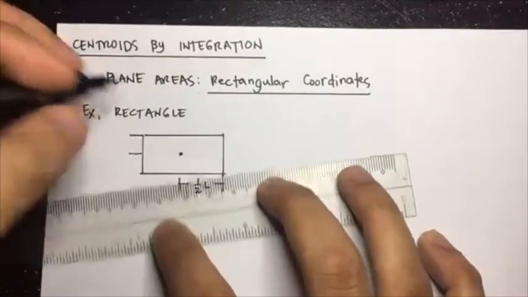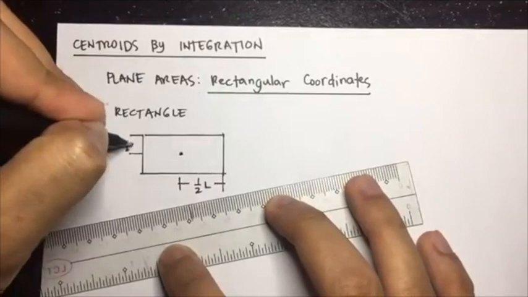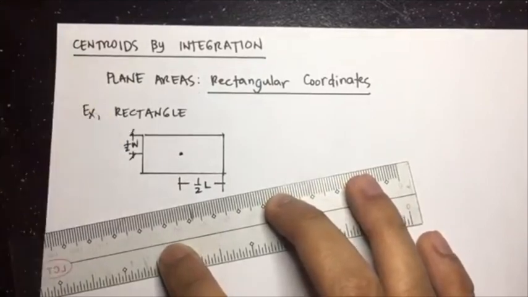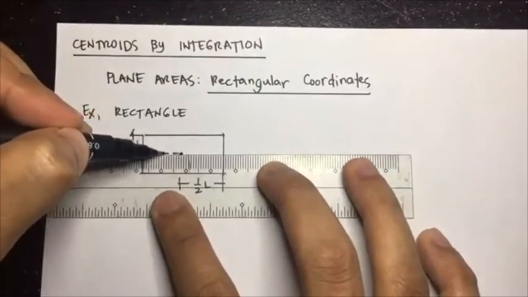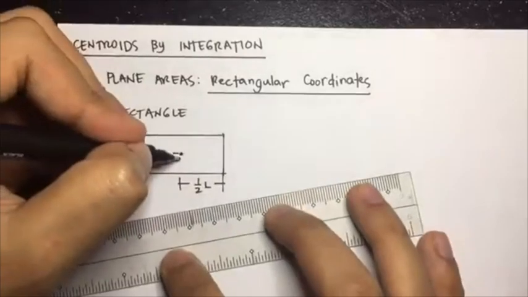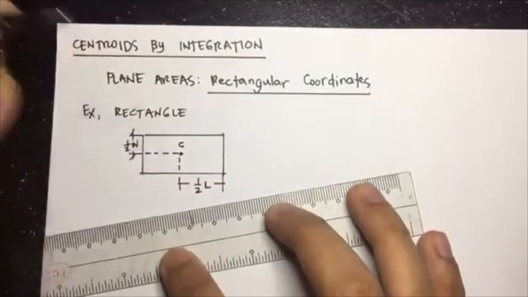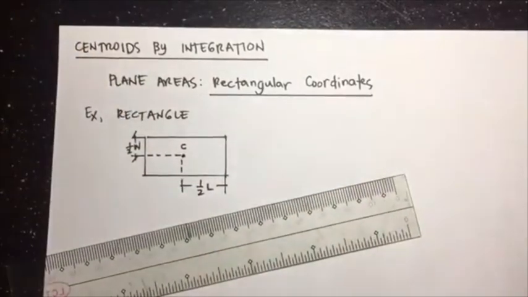Say this is our width, so one half of the width. That is the location of the centroid. So for symmetrical and regular shaped areas, the centroid can be easily located.